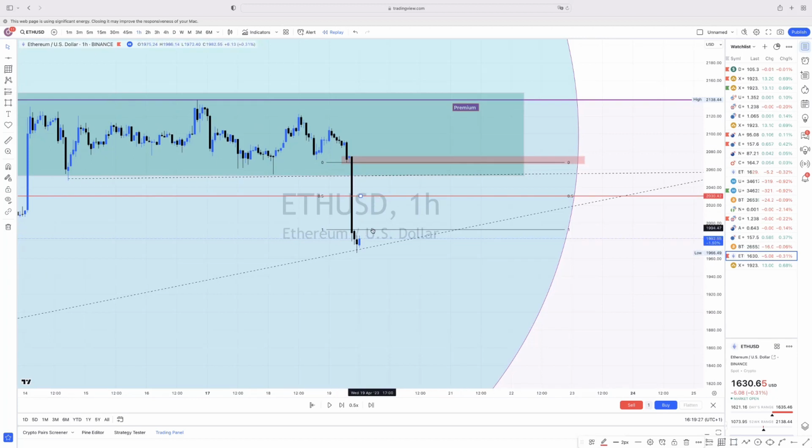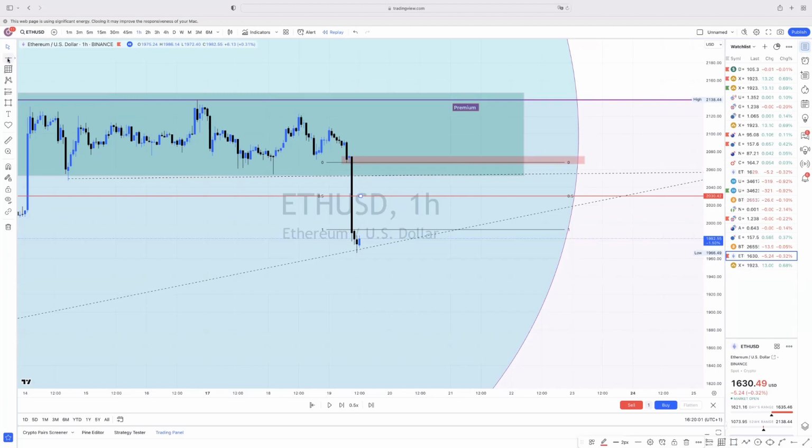So I can actually join a sell trade from this particular area, and I'm going to take my stop loss slightly above the consequent encroachment area, because if price breaks the consequent encroachment area, definitely this is going to be a bad trade for me.